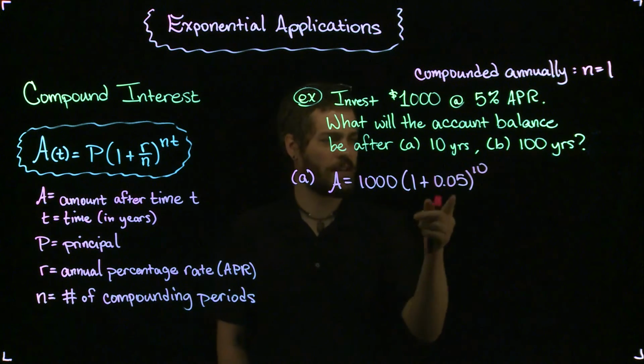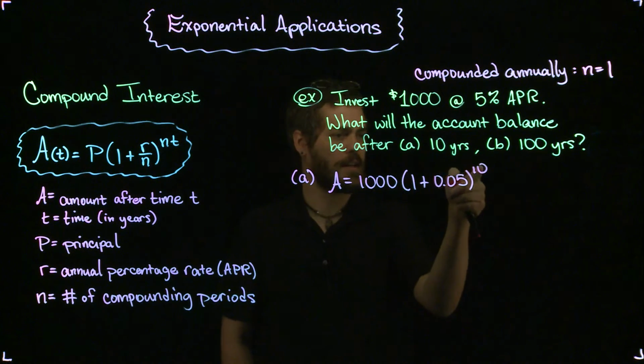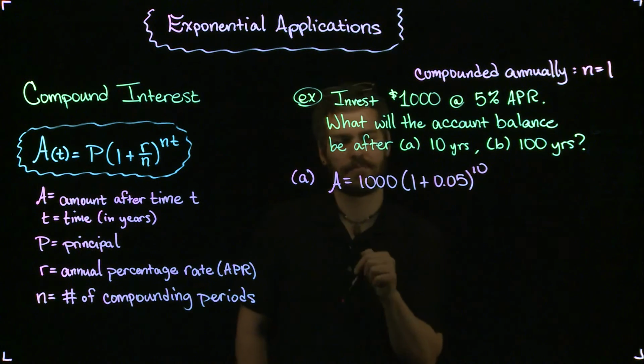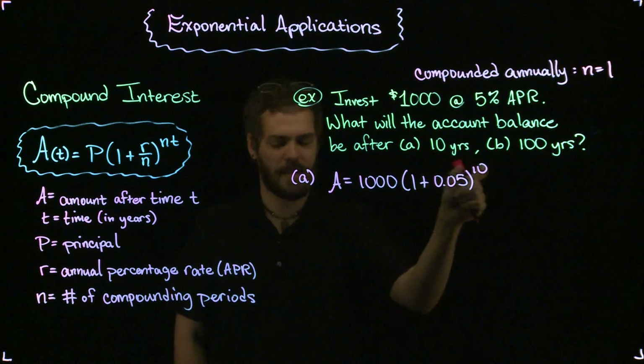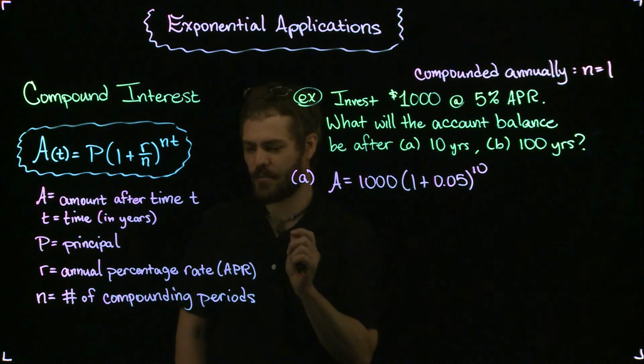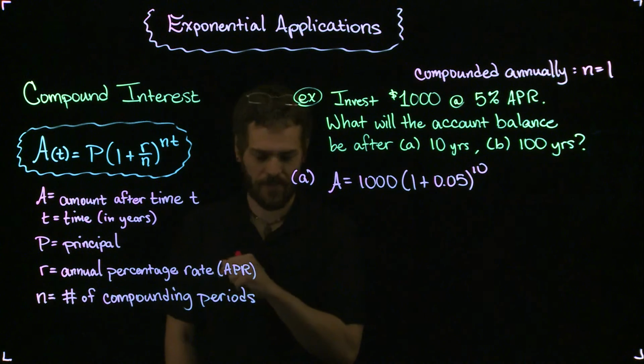Now, again, you're not seeing the n because it's 1. Dividing by 1 just gives the rate. Multiplying by 1 just gives the time here. And something to keep in mind is that rate and time unit stuff should match up. So this is annual and this is annual.